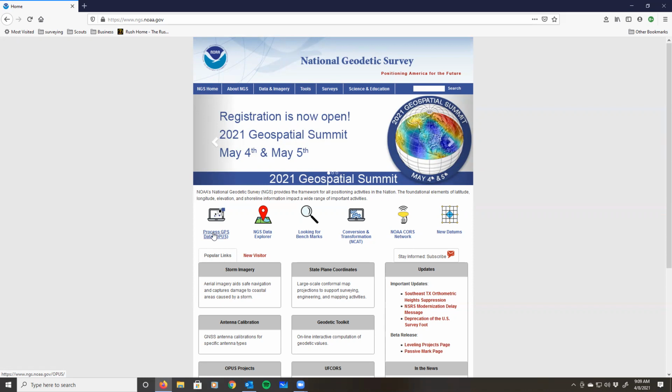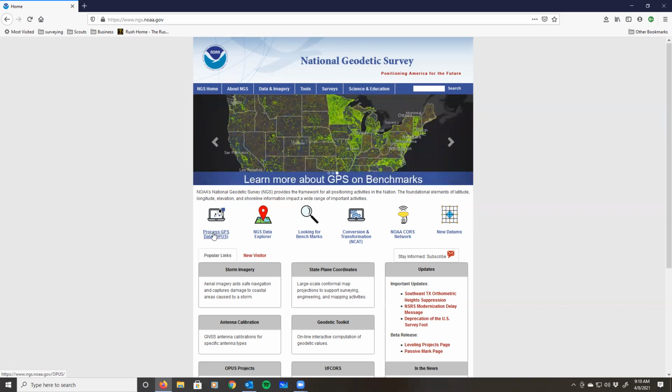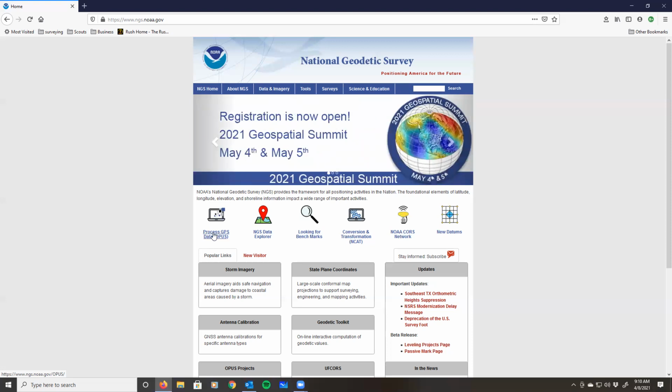What it allows you to do is collect GPS information over a period of time, and then you can submit that, and it will take surrounding CORS stations, which are continuous operating reference stations, that are basically GPS antennas and GPS equipment set up at various locations that are storing the information and making it available by computer.